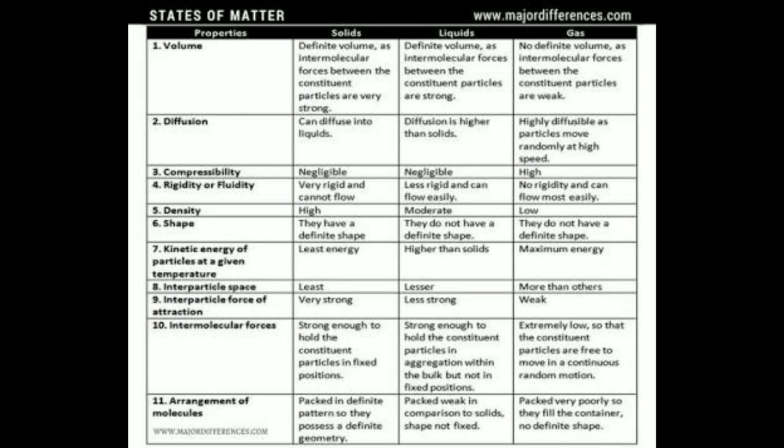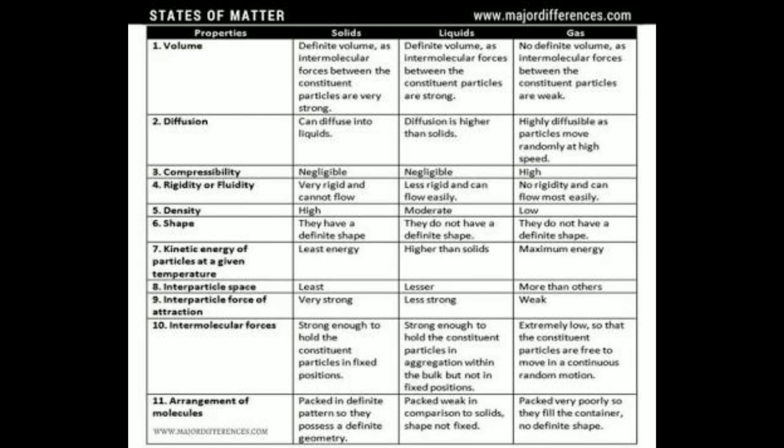On our left hand side, some properties are mentioned, like volume, diffusion, compressibility, rigidity or fluidity, density, shape, kinetic energy of particle at a given temperature, interparticle space, interparticle force of attraction, intermolecular forces, and the last one, arrangement of molecules.